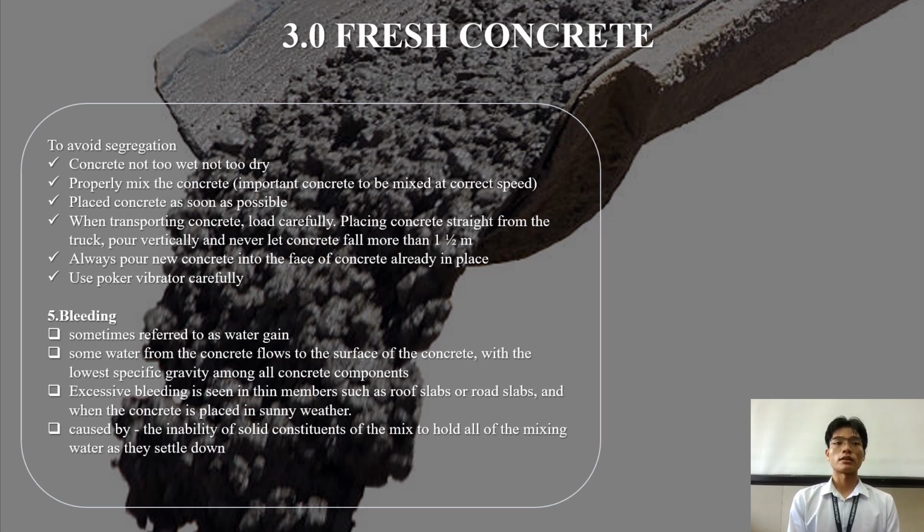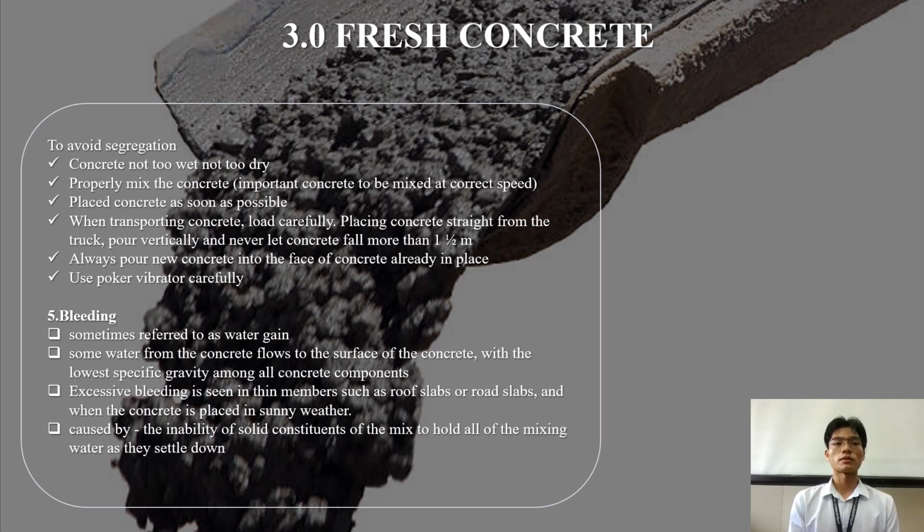Excessive bleeding is seen in thin members, in slabs or road slabs, and when the concrete is placed in sunny weather. It is caused by the inability of solid constituents of the mix to hold all of the mixing water as they settle down.